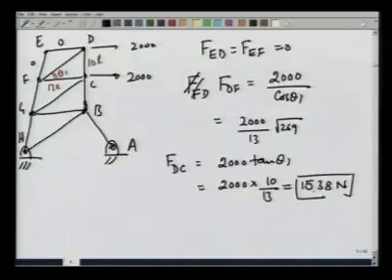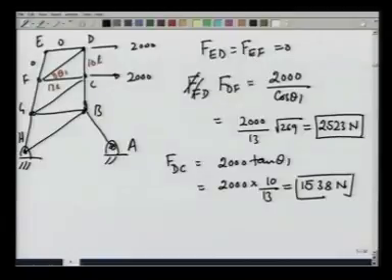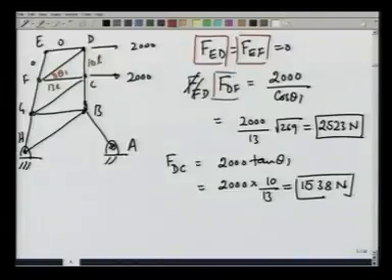Similarly, the F_DF comes out to be 23 newtons. So, we have found the four forces, let me box them, F_ED, F_EF, F_DF, F_DC. We have found all of these.